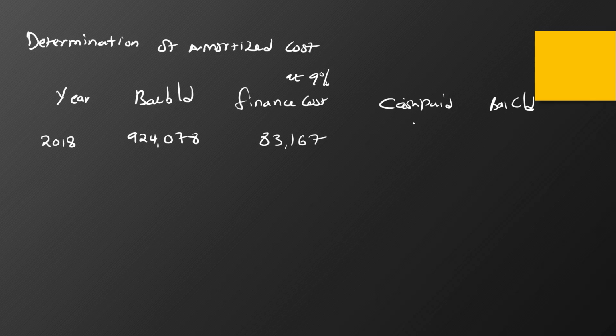The cash paid each year is 60,000. And the balance will now be 924,078 plus 83,167 minus 60,000.